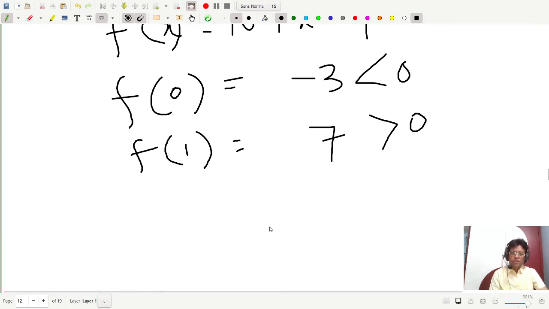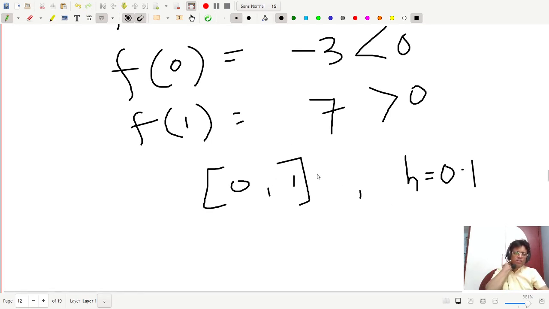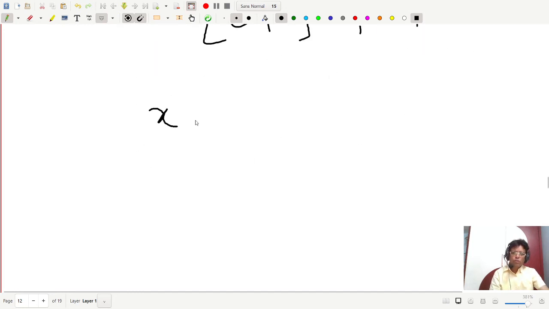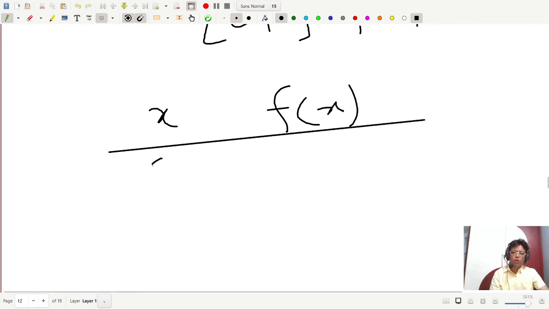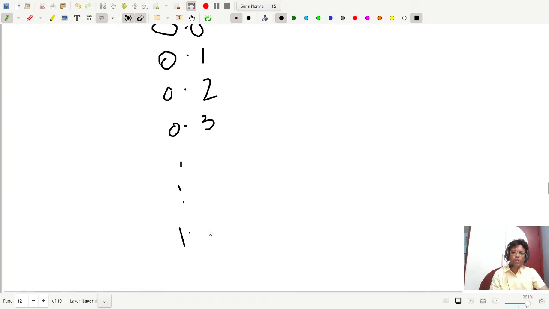Now let us tabulate f(x) between 0 and 1 with step length 0.1. So what will be the table? Table 1, let us tabulate x and f(x). The starting value of x will be 0.0, then your step length is 0.1, so 0.1, 0.2, 0.3, etc., and finally you have 1.0.